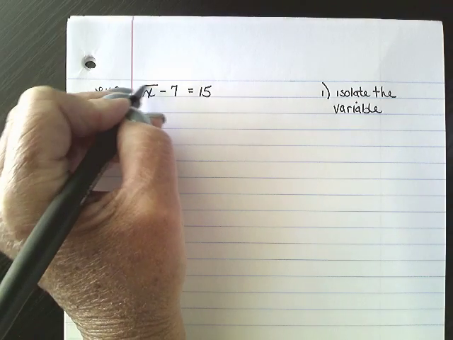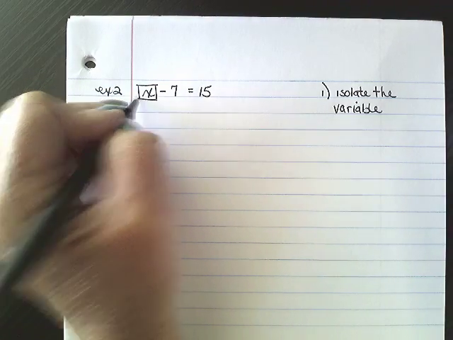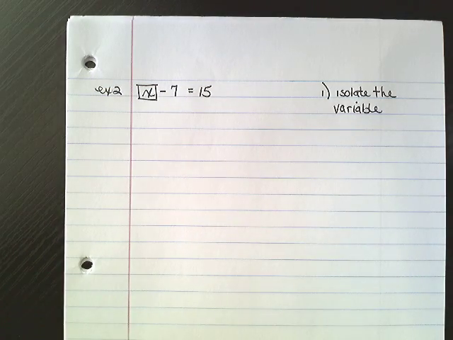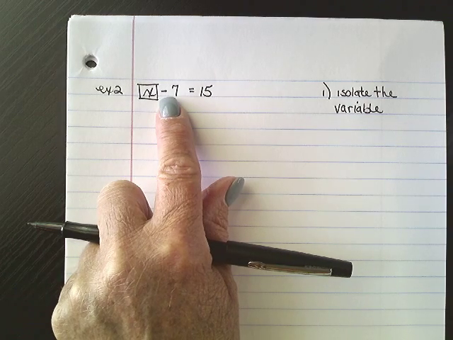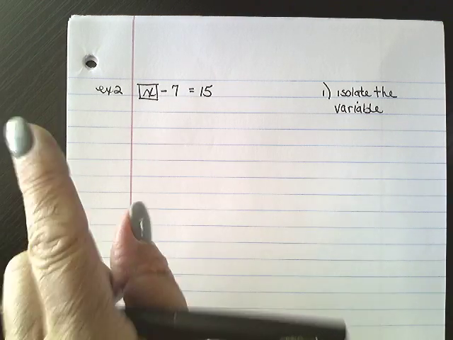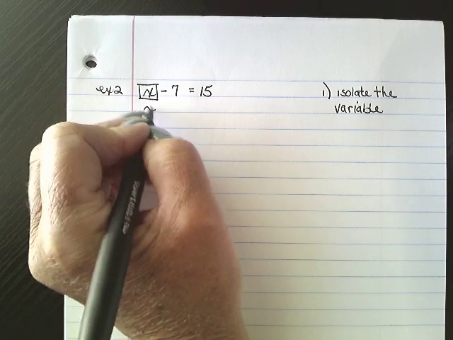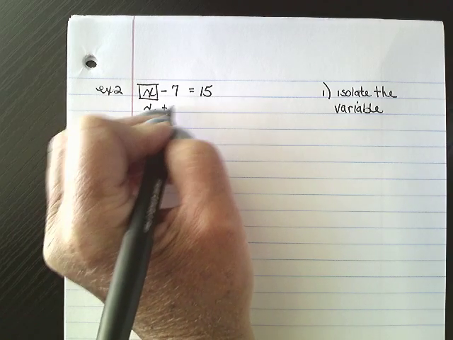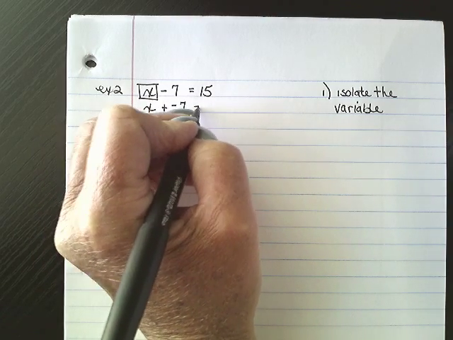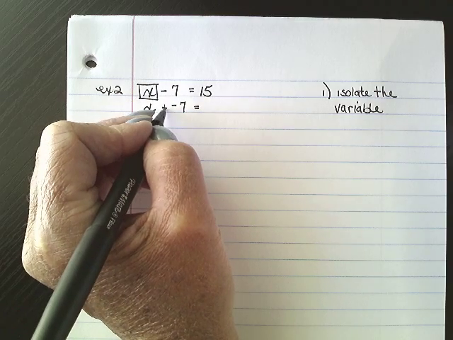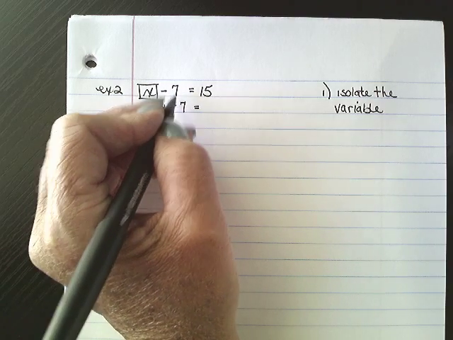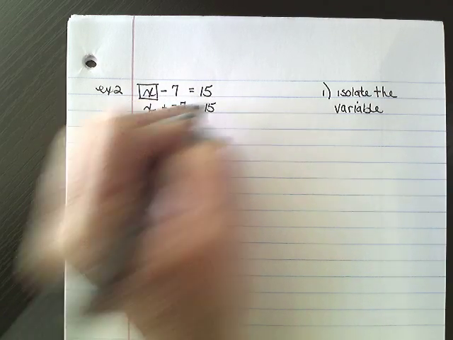So we want to isolate this variable. But once again, as I've said before, whenever you see subtraction, you need to use your keep, change, change. So this would be x plus negative 7. Change subtraction to addition. Change positive 7 to negative 7.